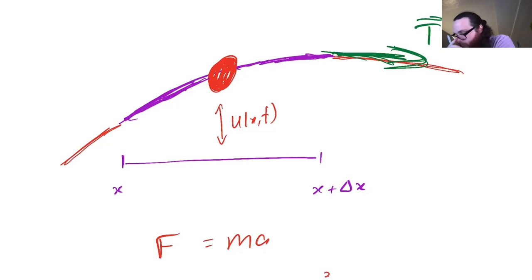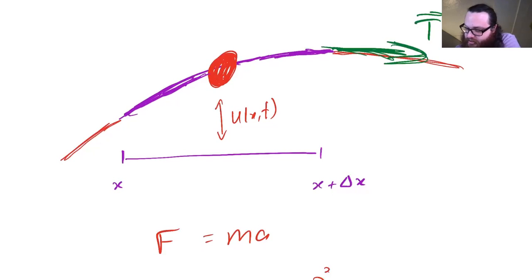Okay. And so likewise, we can say, well, what is the tension over here? For this, I'm going to draw a similar arrow for this tangent vector.